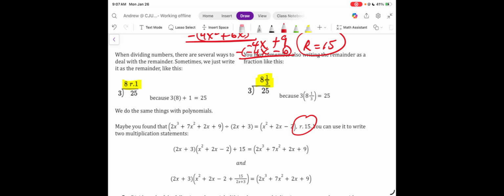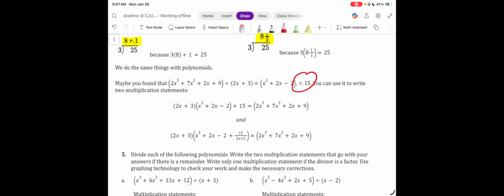But also you can write 15 over the original divisor, 15 over 2x plus 3. And it would work because if you distributed this term over here, you would just get 15 out of that. And that was the missing part.